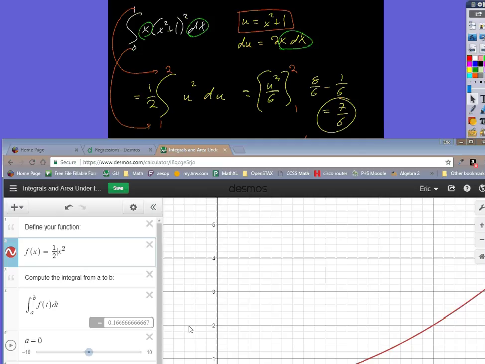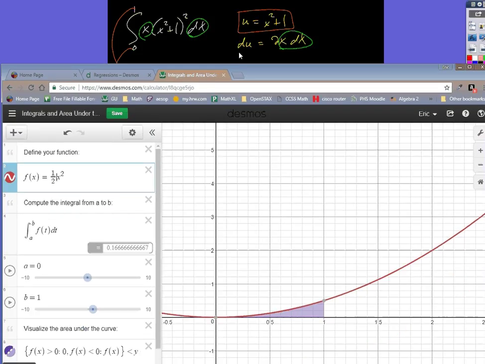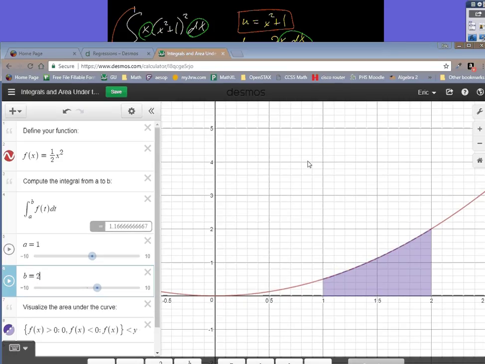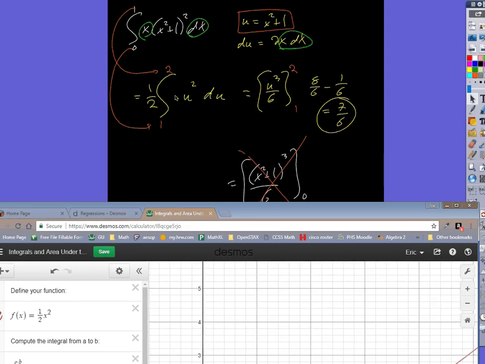And we're going to go from 1 to 2. Because that's what we made when we made our u substitution. Remember that when x was 0, u equaled 1, and when x was 1, u equaled 2, right?